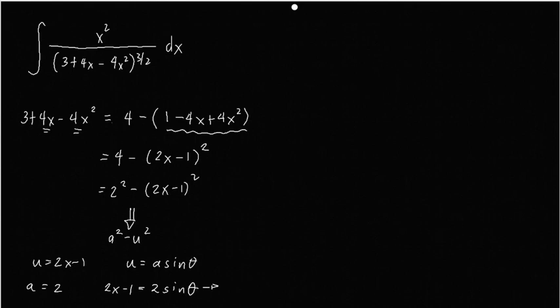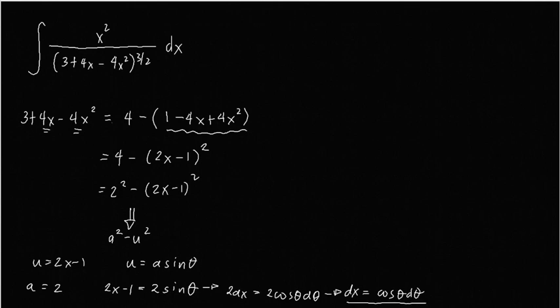Consequently, we have what? 2 dx equal to 2 cosine of theta d theta, which is further equal to what? dx equal to cosine of theta d theta. Okay, so this will be the value of our dx.